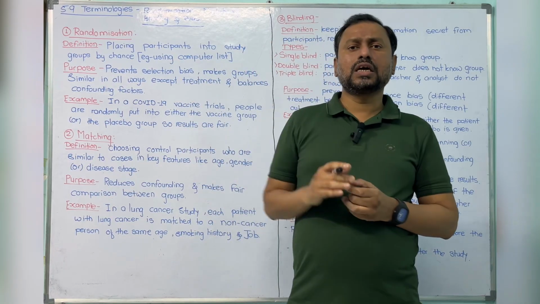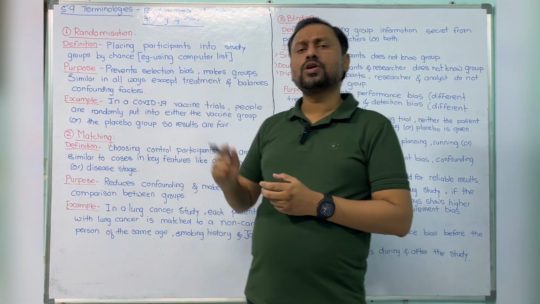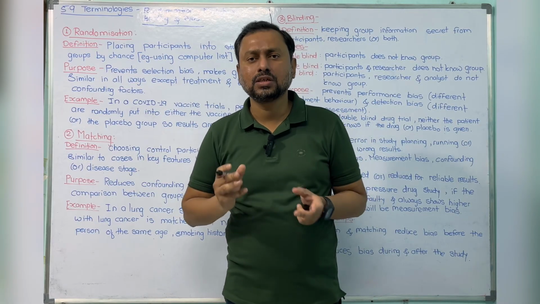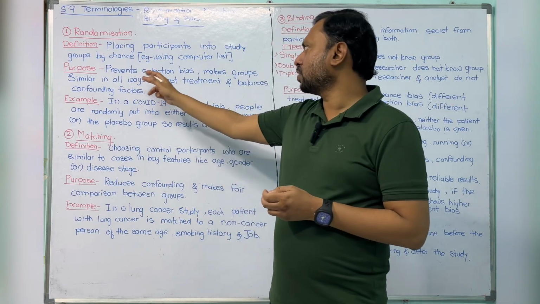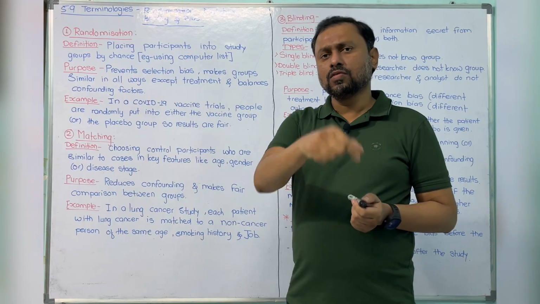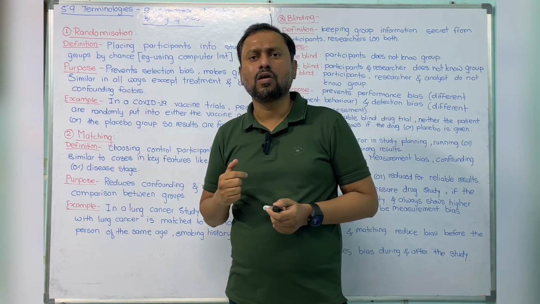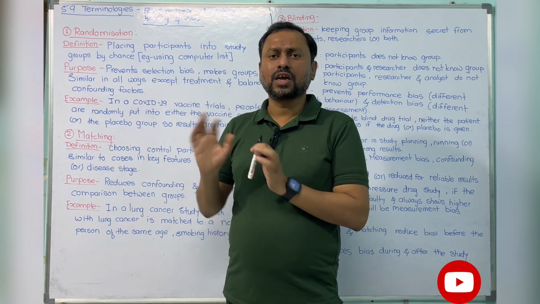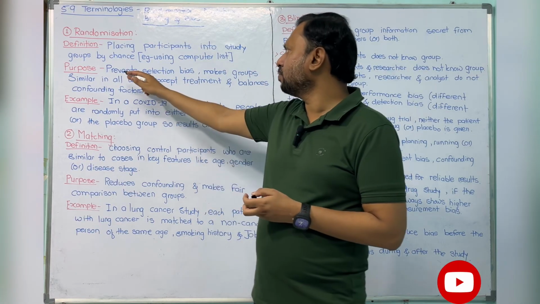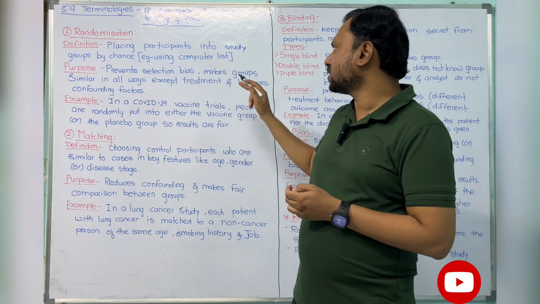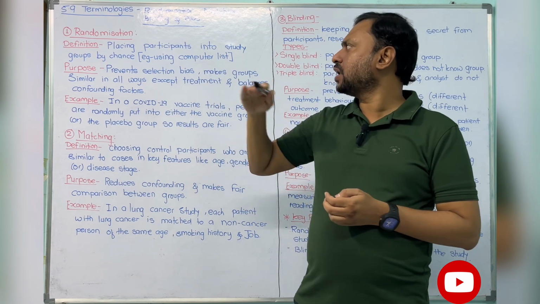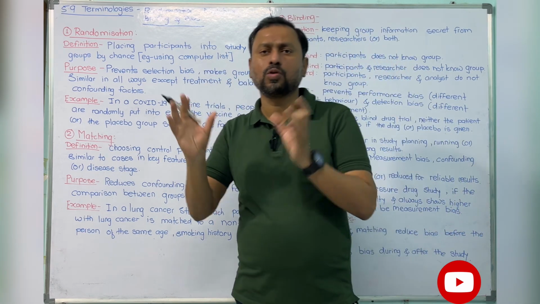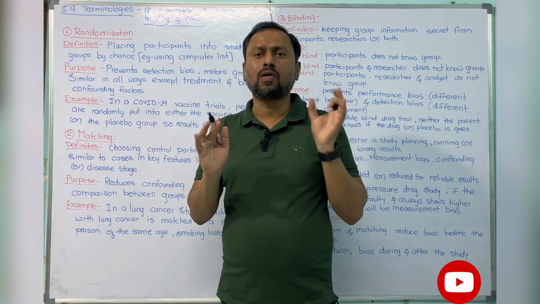Now, what is the intention? The main purpose of randomization in research is to prevent selection bias. While we are selecting the participants or patients, if you select randomly, then we can avoid bias. That's why we are preventing selection bias. Next, it makes the groups similar in all ways. Both groups should be similar in all ways.